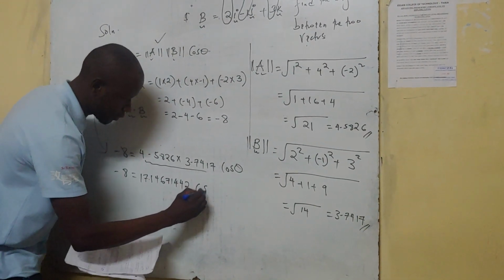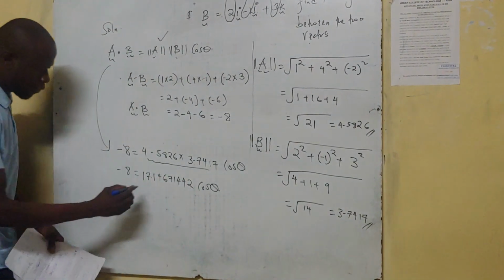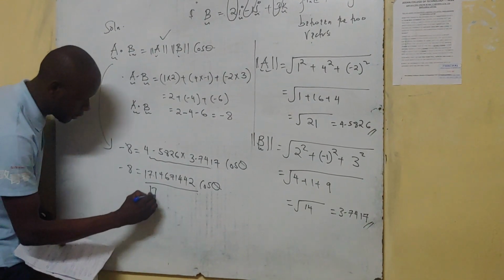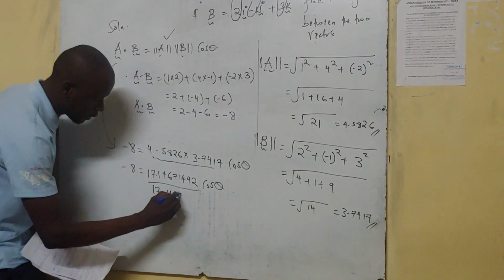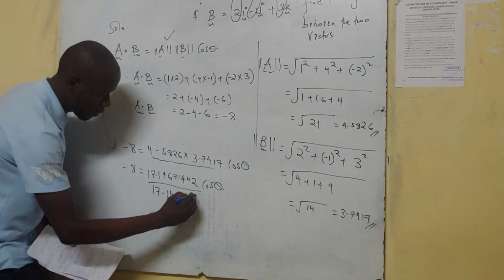17.14671442 cos theta. Then because we want the angle, we can divide both sides by 17.14671442.